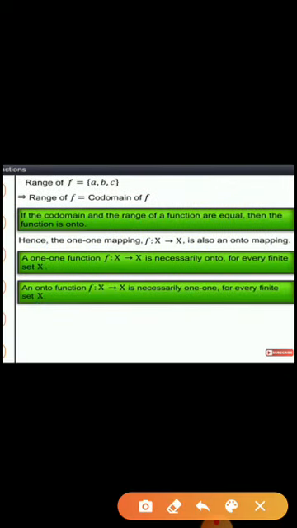The same thing, an onto function f from X to X is necessarily 1-1 for every finite set X. That means if it is a finite set defined from the set to itself and the function is onto, then we can say that the function should be your 1-1 function. Okay, that we will see.